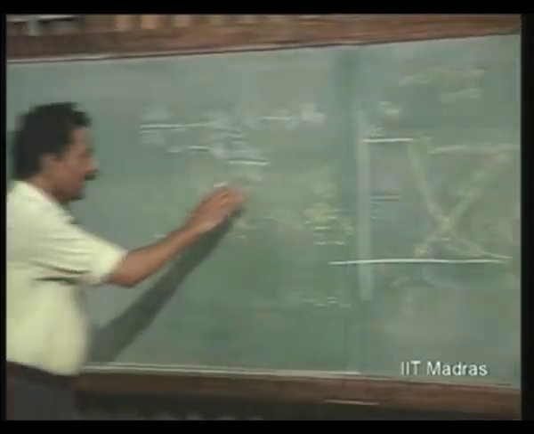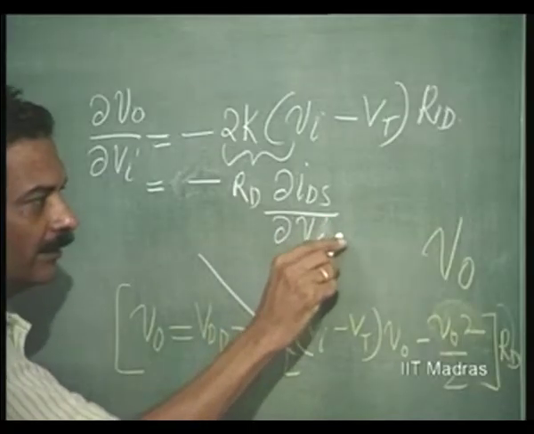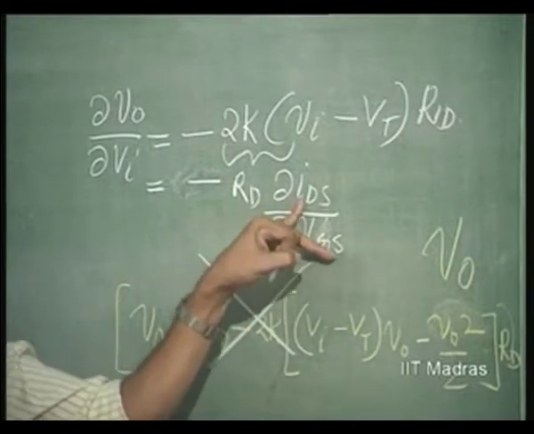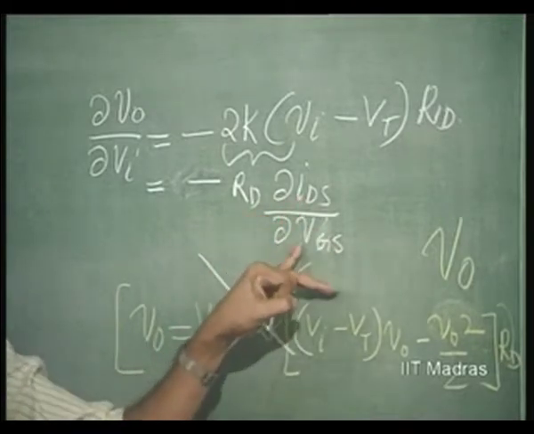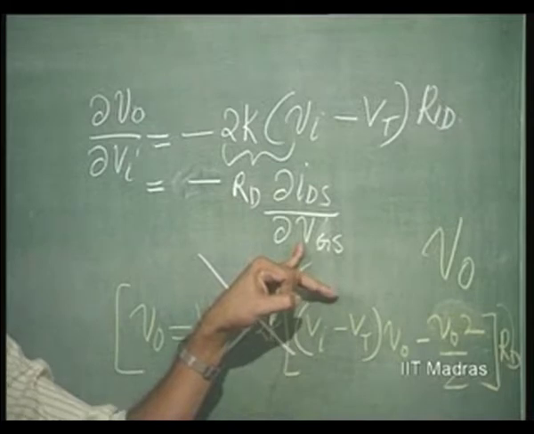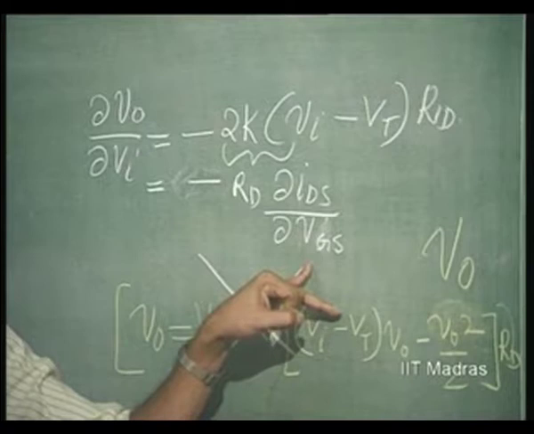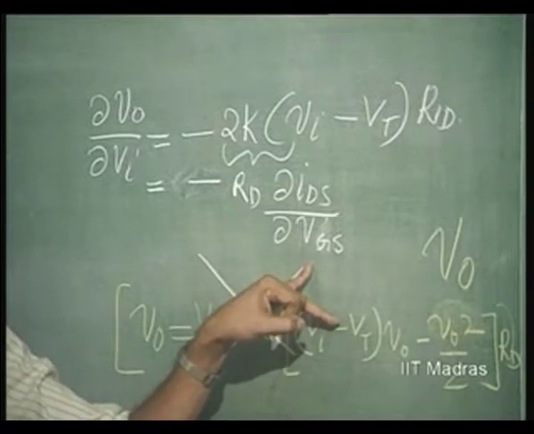What is delta Vi? It is same as delta VGS. Vi is same as VGS. So, this delta IDS by delta VGS is called the output current variation for an input voltage variation. It is called transconductance. Its magnitude is conductance. It is from input to output that the change has occurred.